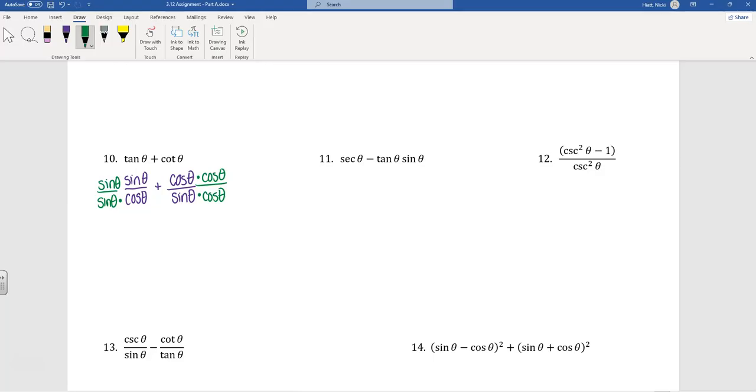Because again, cosine over cosine is 1. And when you multiply by 1, it doesn't change the value of anything, right? So, sine times sine is sine squared. And cosine times cosine is cosine squared.